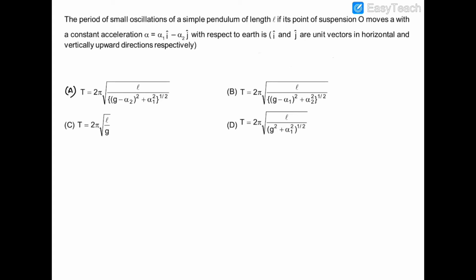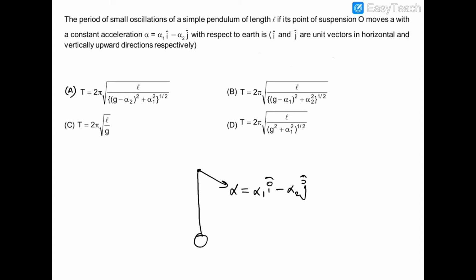So let us draw this suspension point, and this is moving with α1 i cap and α2 j cap. So its acceleration would be like that. So this is α equal to α1 i cap, in fact minus α2 j cap. So this pendulum has a suspension point which is accelerating in the fourth quadrant.